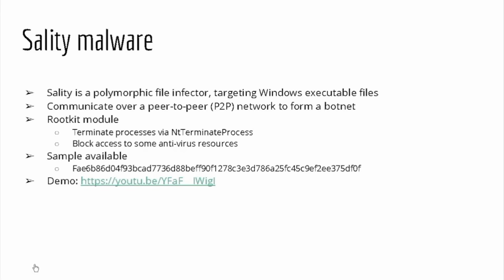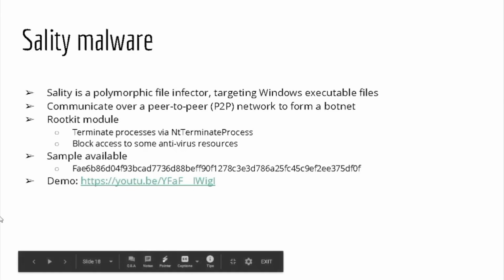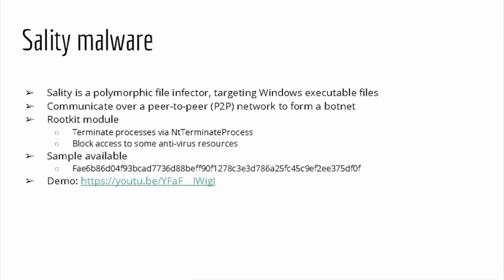It communicates over a peer-to-peer network to form a botnet. Sality uses a rootkit to block connections and kill antivirus processes. I found a sample from VirusTotal and I will debug the rootkit from Sality malware.